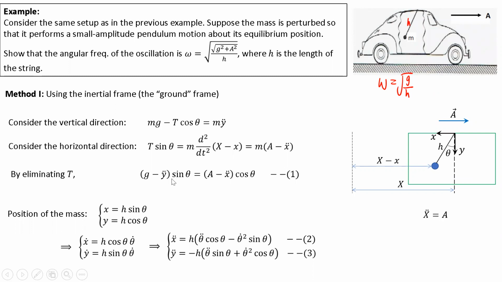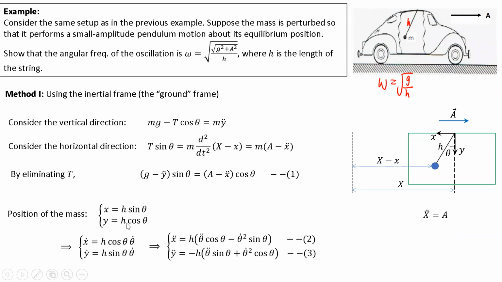Here you can see that I already have an equation of motion, but I still have this x and y. At the end, I want this equation of motion to be expressed in terms of theta only. So I start from this relation and just take the derivative to get the relations between x double dot and y double dot with theta.